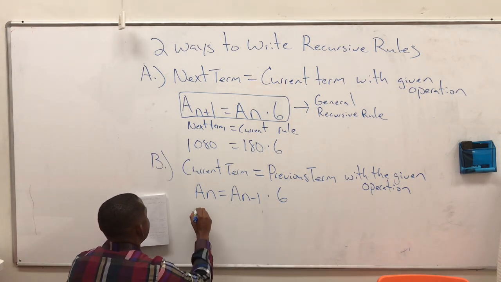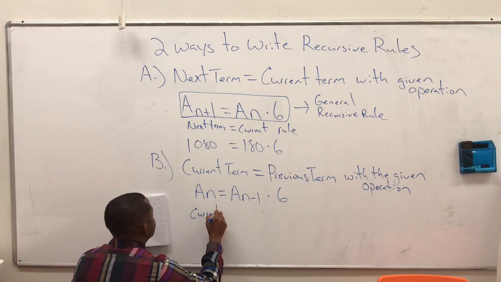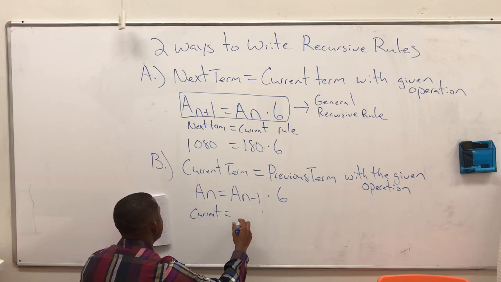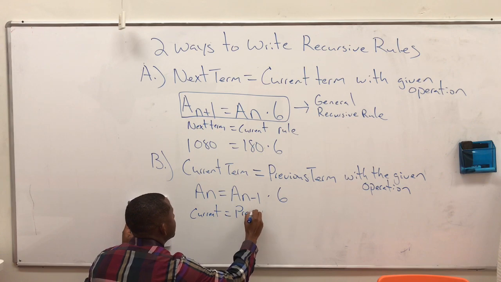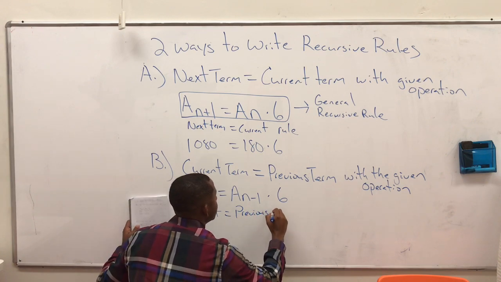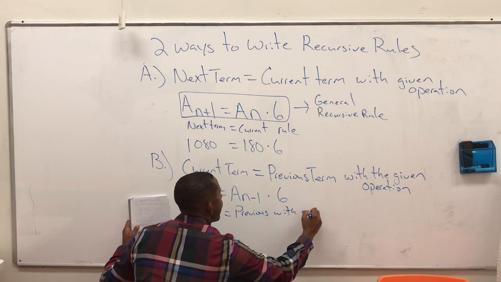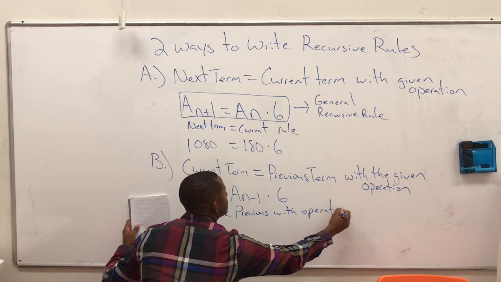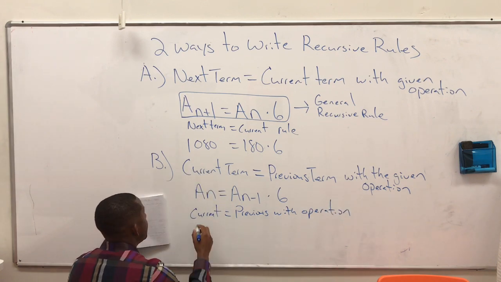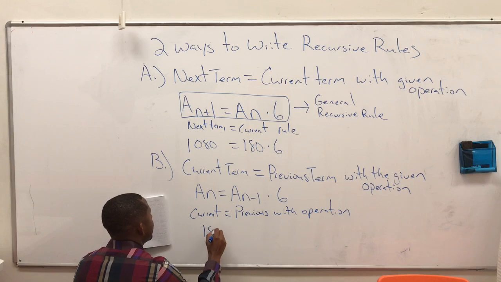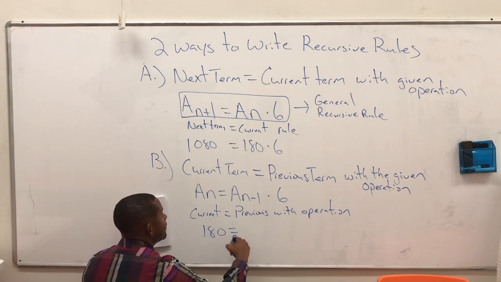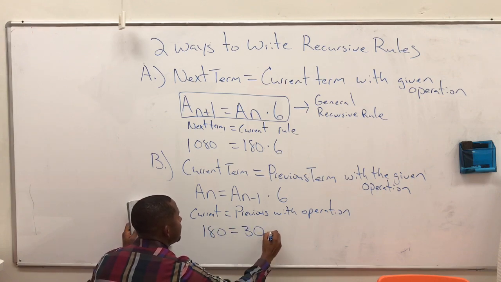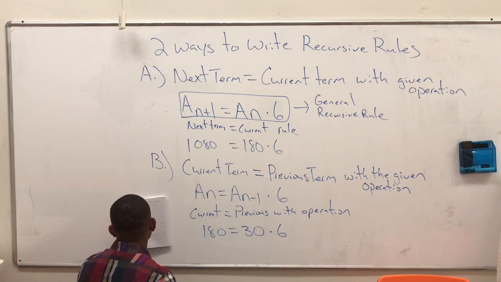All right? So current equals previous with operation. Okay? So in this case, the current term was 180 equals the previous term, which was 30 times 6.